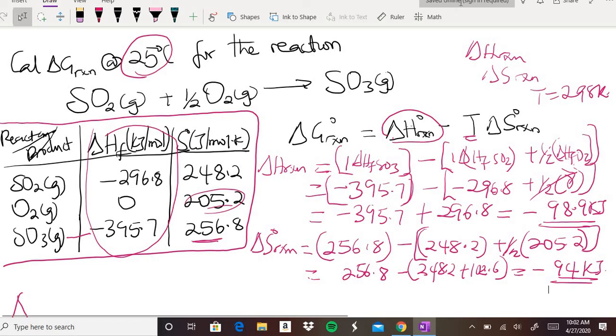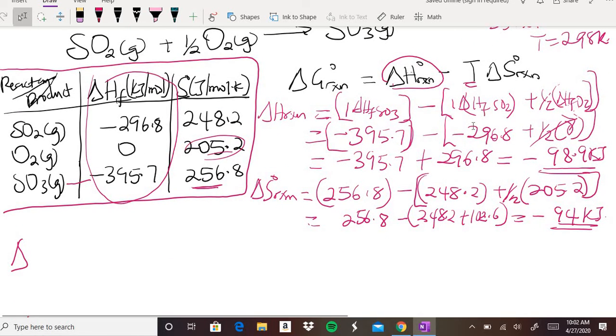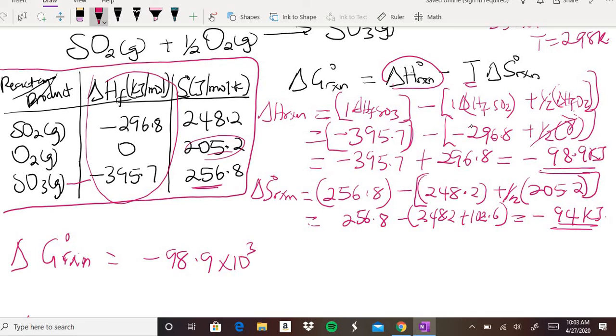Now we put everything together to give us our delta G of reaction, which is negative 98.9 times 10 to 3 joules minus our T, which is 298, into negative 94 times 10 to 3 joules.